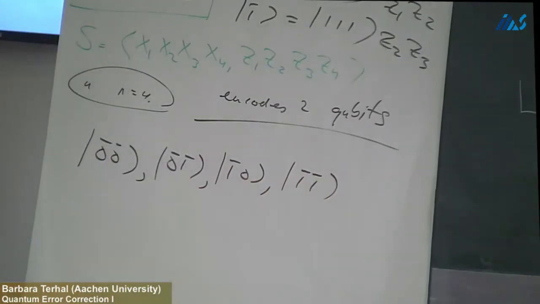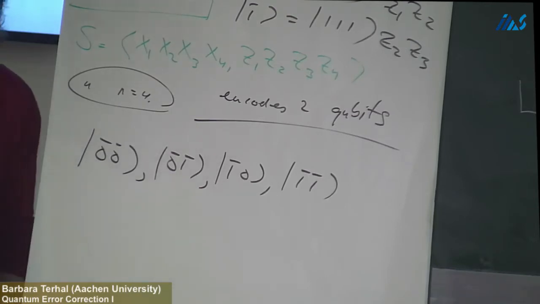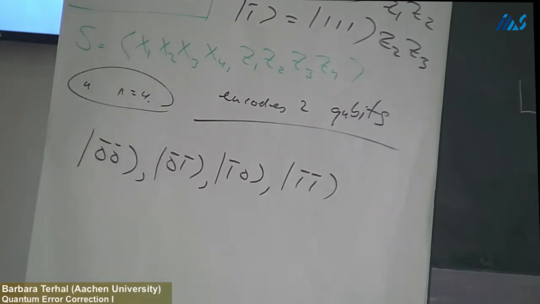But I'm never going to write down these vectors. For 4 qubits, it's still not so hard. It's actually very simple here, but I don't want to write these vectors. I just want to define the operators that map these vectors onto each other.